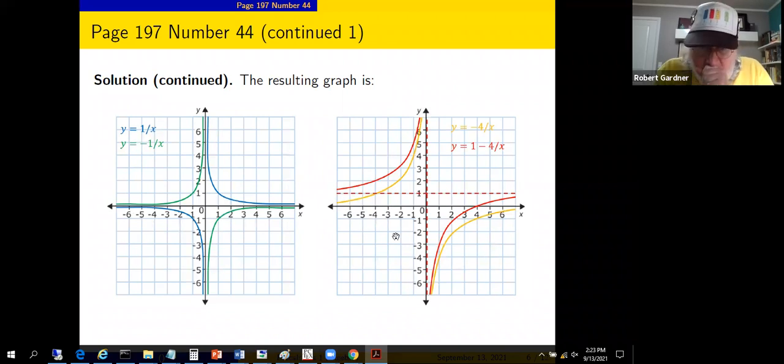Now, it's hard to see that that was actually stretching by a factor of 4 just by looking at the graph. But let's track some key points. This point, -1, 1, right there. Well, if you're going to scale that by a factor of 4 in the y coordinate, that's going to move to the point -1, 4. Sorry, -1, -4, and we do.